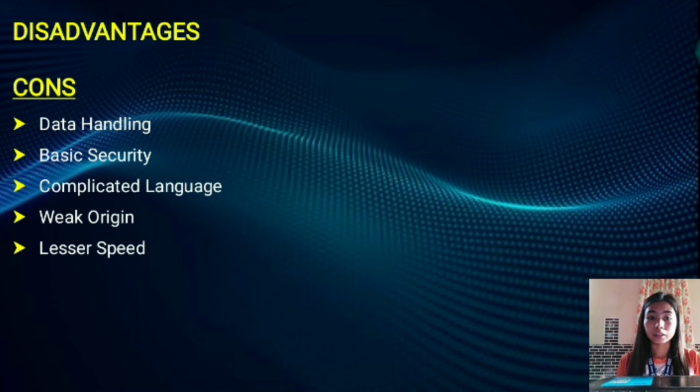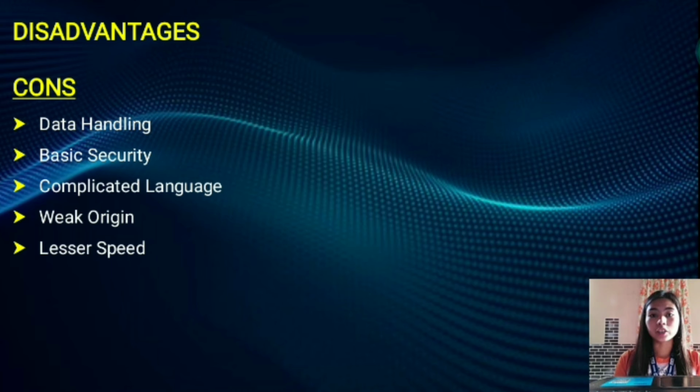The last disadvantage of the R programming language is lesser speed. R packages and the R programming language are much slower than other languages like MATLAB and Python. So that was the advantages and disadvantages of the R programming language.